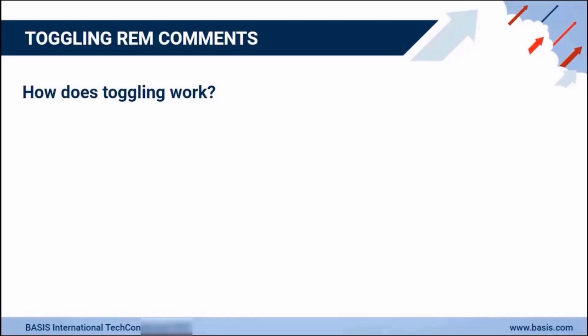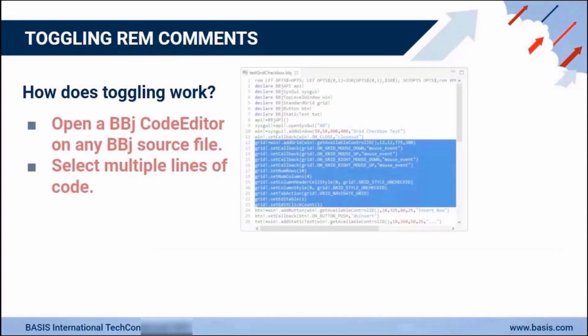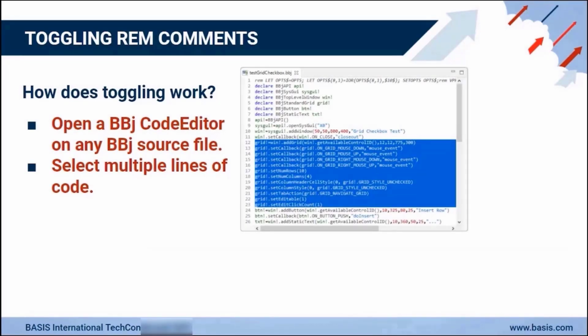How exactly does toggling work? Well, first you have to have a BBJ code editor that is open, showing any BBJ source file. As you can see on the right there, we have testgrid checkbox.bbj, and you select multiple lines of code, and the blue background indicates that lines 12 to 23 are currently selected.